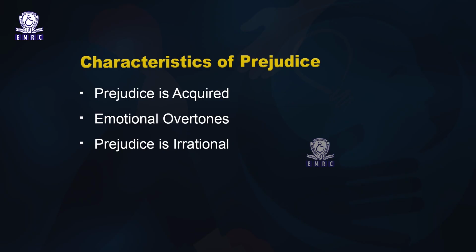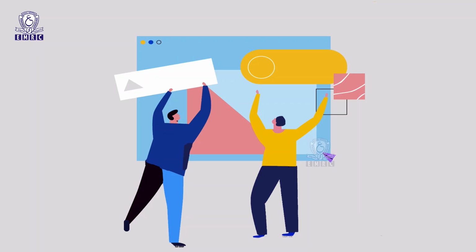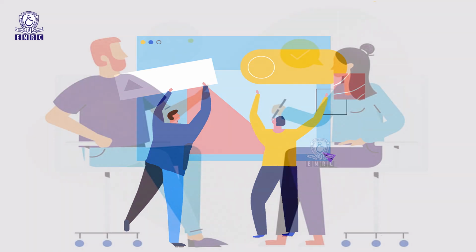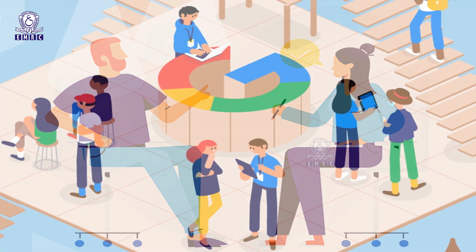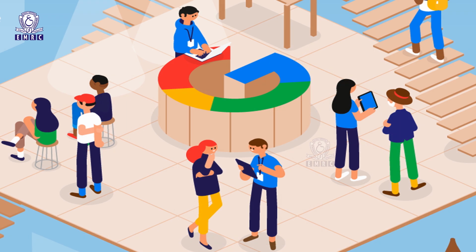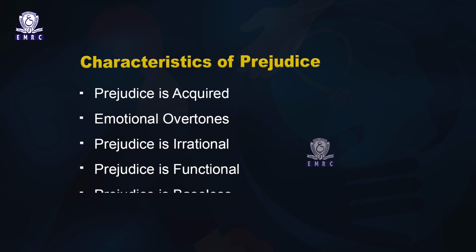And the next characteristic of prejudice is functional. Prejudice aids an individual to stick to their beliefs and defend their views. It strengthens one's esteem and dignity while doing so. And the next characteristic of prejudice is baseless. Prejudice is not based on facts and it is not based on any personal experience.